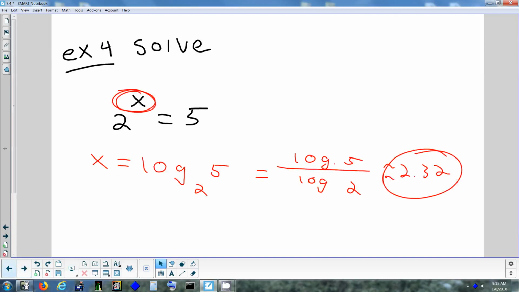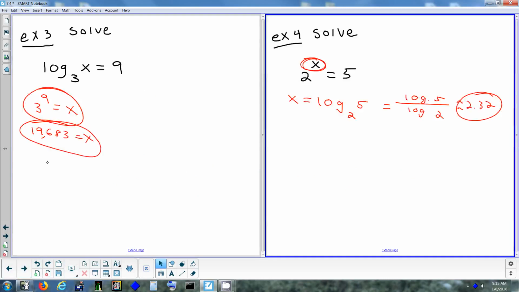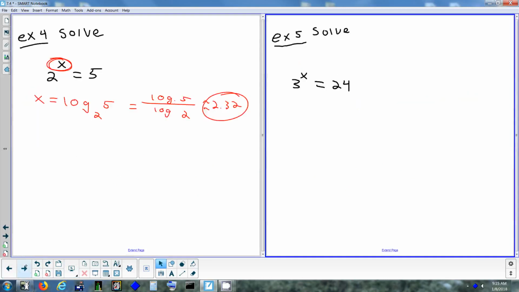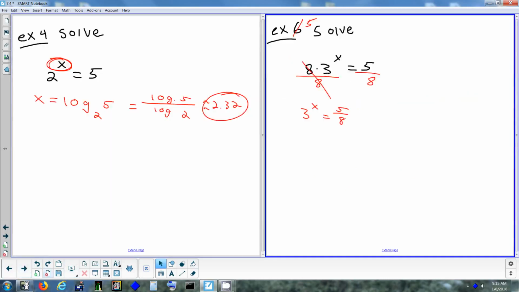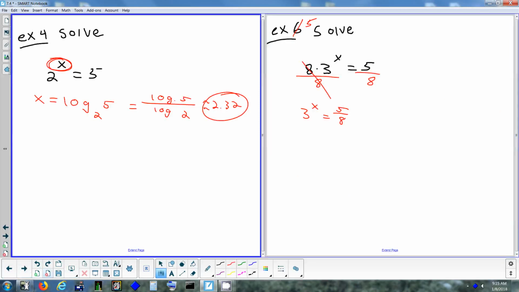Now look at the pattern for the one on the left: log of the number that's by itself divided by the log of the base.